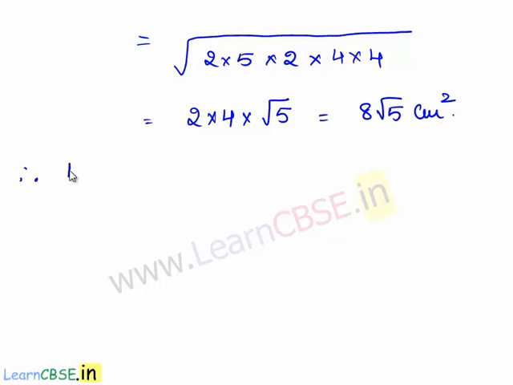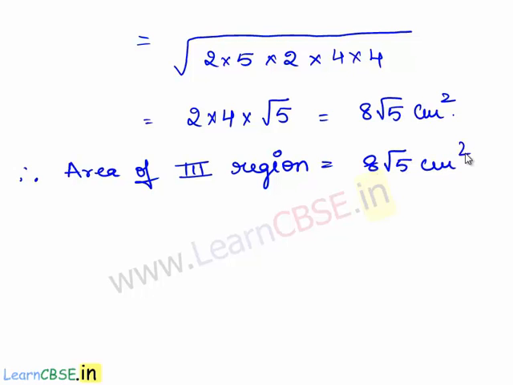Therefore, area of the third region is equal to 8 square root of 5 centimeter square, which is equal to 8 times square root of 5, that is equal to 17.92 centimeter square.